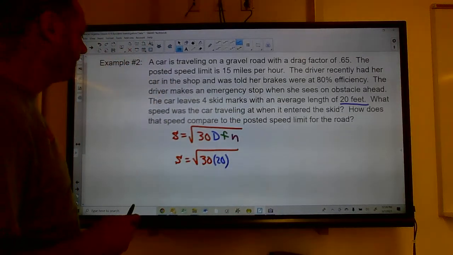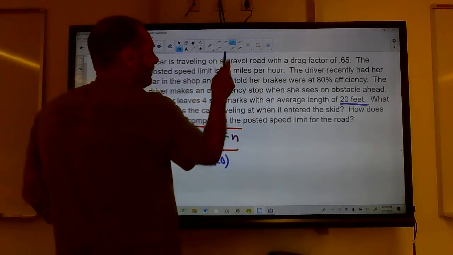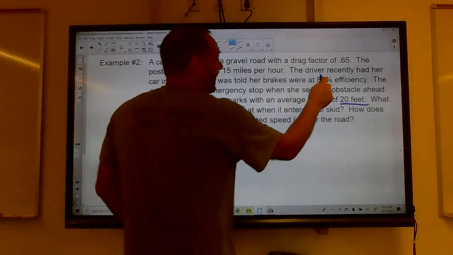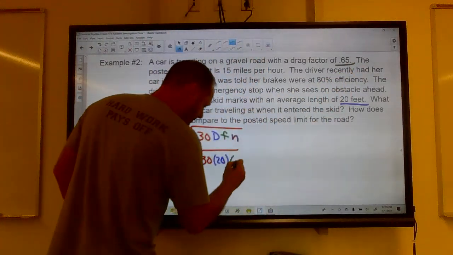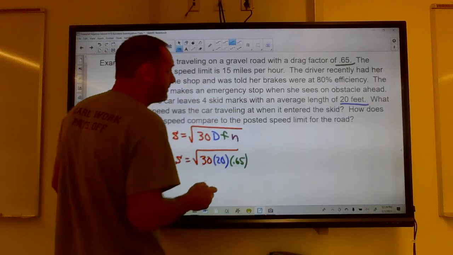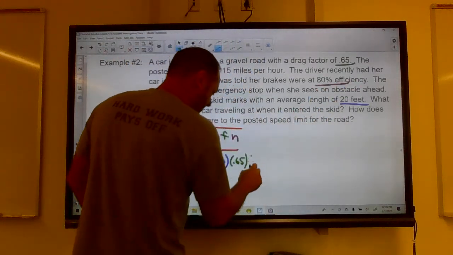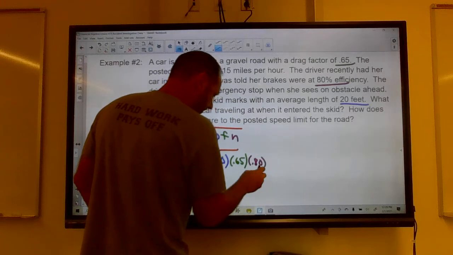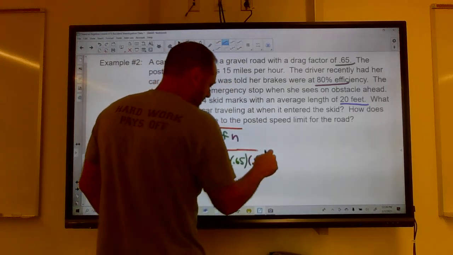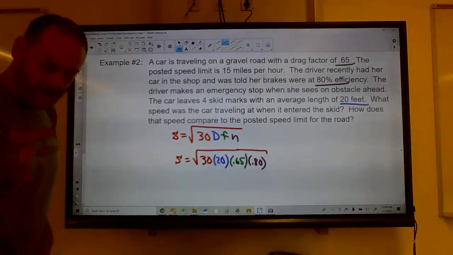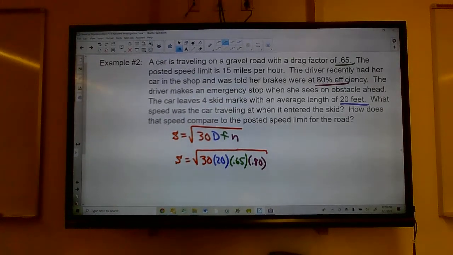Okay, F was the drag factor, 0.65. And N was 80% efficiency, so that's 0.80. Okay, so there's your problem. It's just a calculator question now.